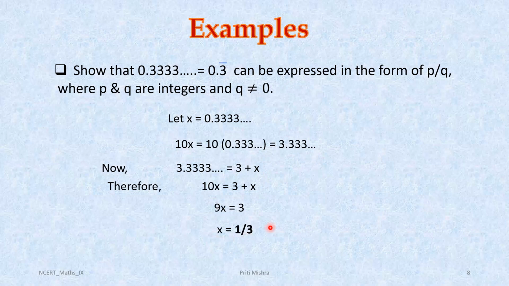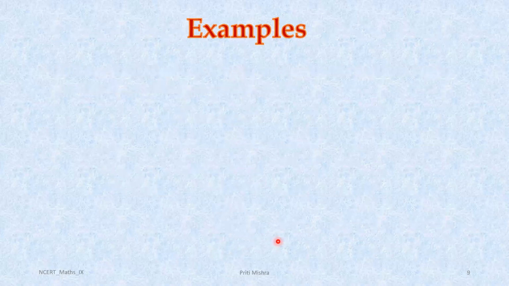So here we expressed this given decimal expansion as a rational number. And this decimal expansion, as I explained, is non-terminating and repeating, so it gives us a rational number.